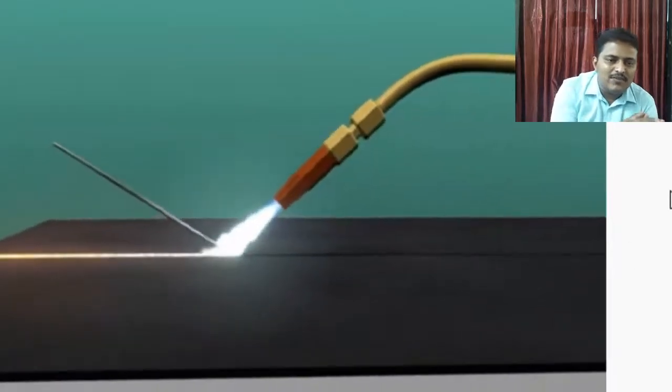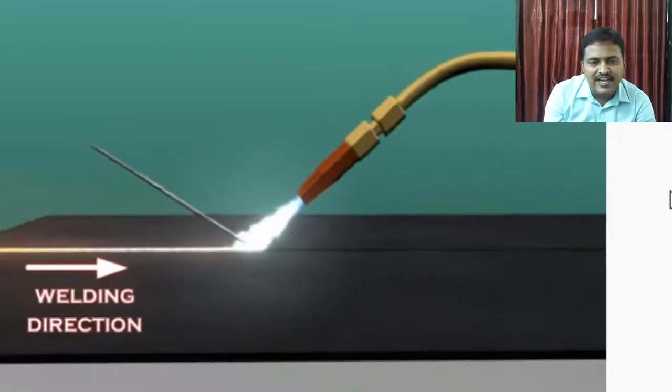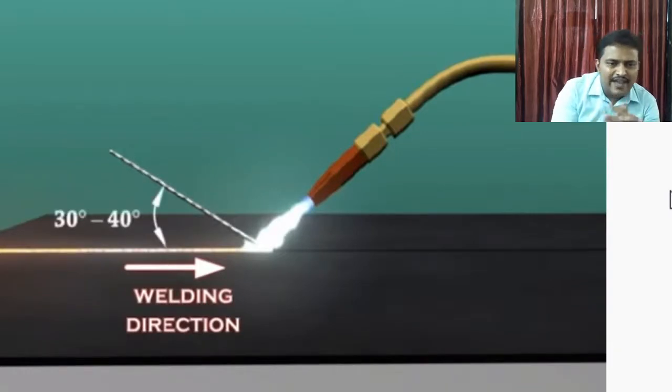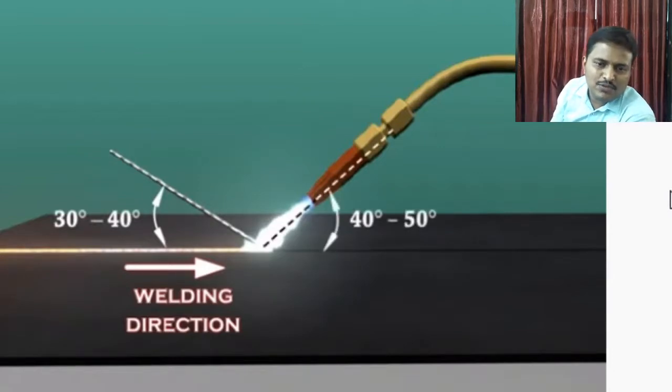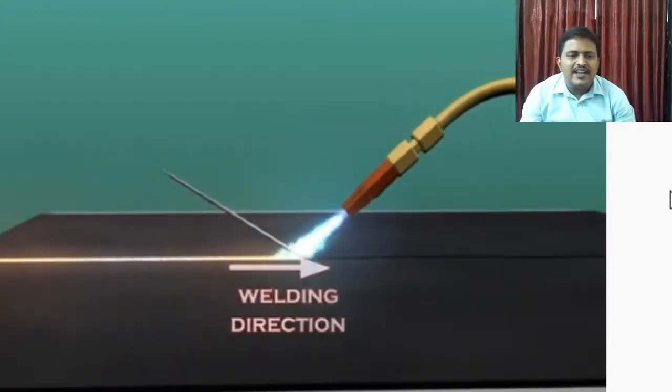In rightward welding the weld direction is from left to right, whereas in left hand welding the direction is from right to left. The angle should be 30 to 40 degrees for the filler rod, and for the welding torch to the workpiece it should be 40 to 50 degrees. So this is the right hand welding process.